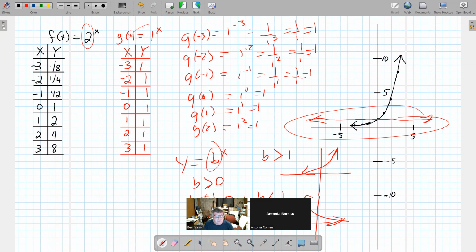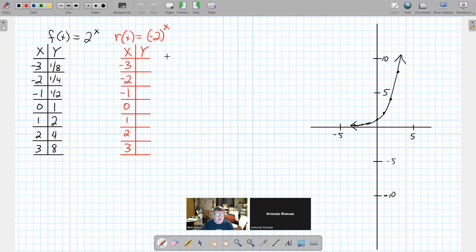Yes. All right. Now let's make the base a negative number and understand this is not the same as that. Here, the base is 2 with a negative sign in front. Here, the base is a negative 2. Okay.